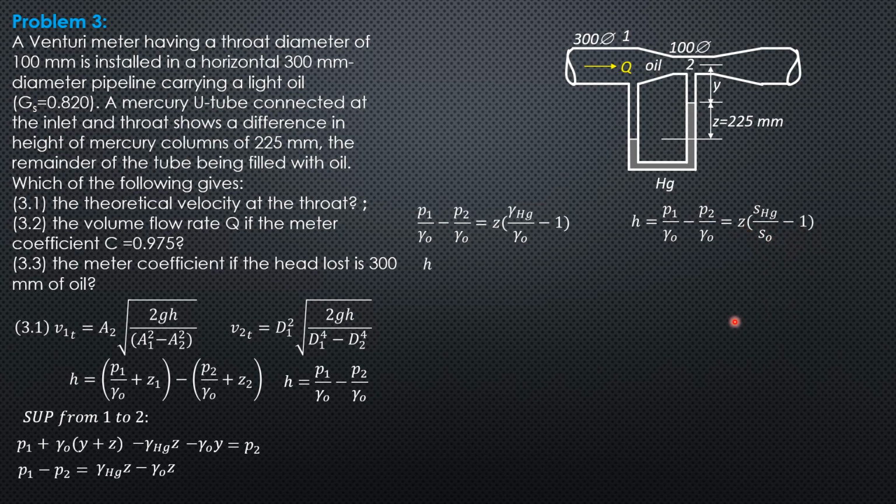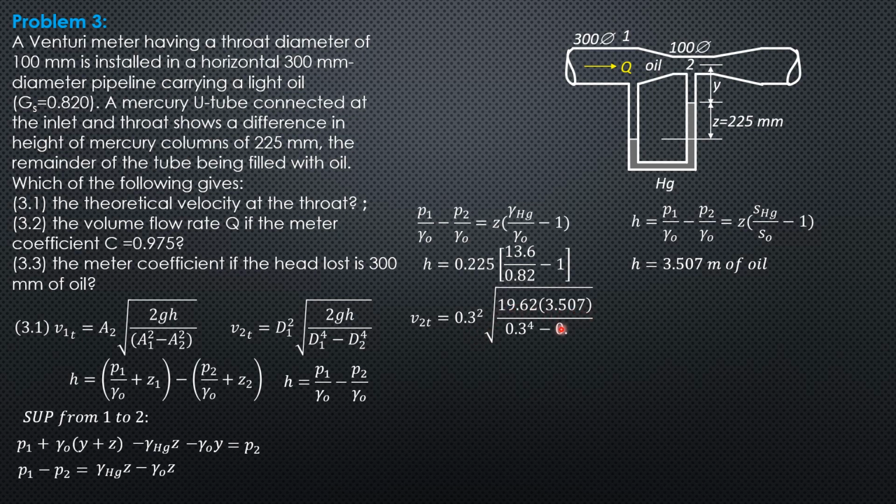So solving now for h is 0.225 times quantity 13.6 over 0.82 minus 1. So the value of h is 3.507 meters of oil. Finally, substitute into this equation here. The theoretical velocity at the throat is 0.3 square root of 19.62 times 3.507 over 0.3 to the fourth minus 0.1 to the fourth. So solving for the theoretical velocity, it is 8.347 meters per second.